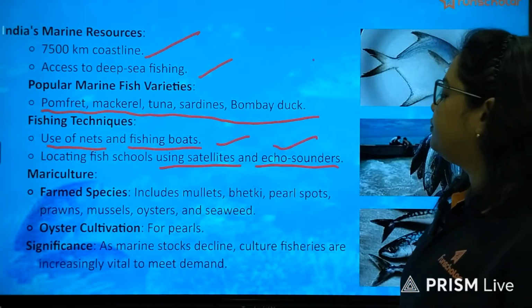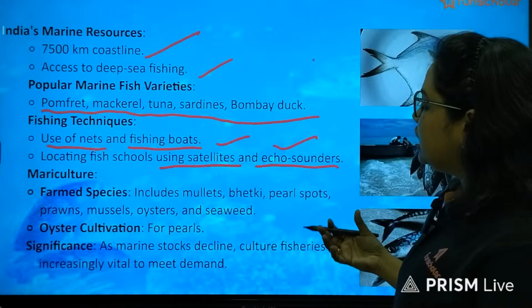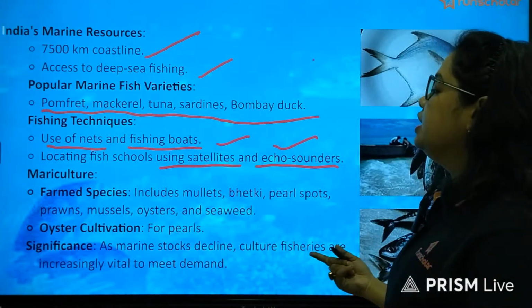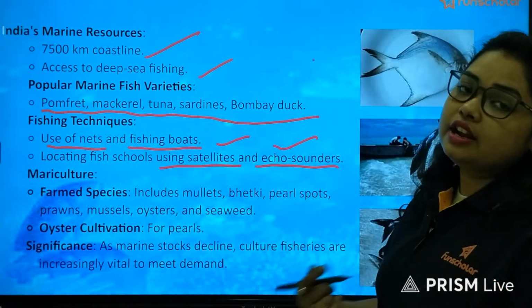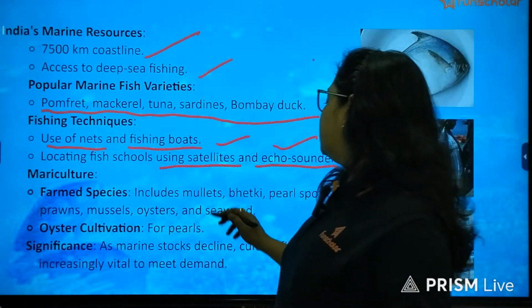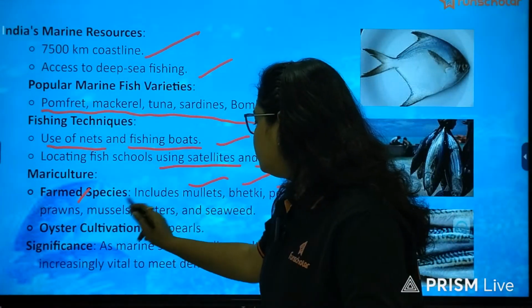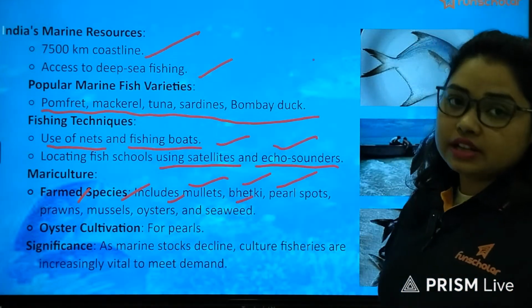Mariculture means farmed fishes, which are actually cultured. I told you about culture fishery. So these species are cultured and then used commercially. It includes mullets, vetki, pearl spots, then prawn, mussel, oyster and seaweeds. All these things have market value.